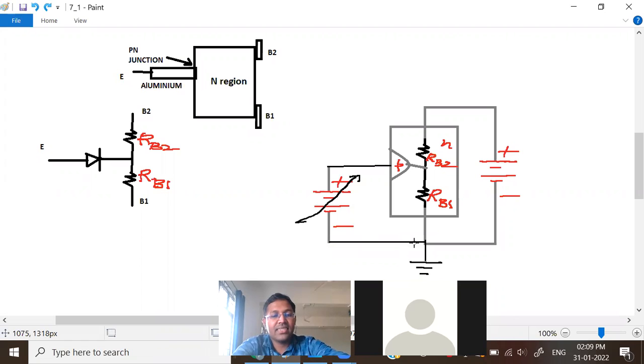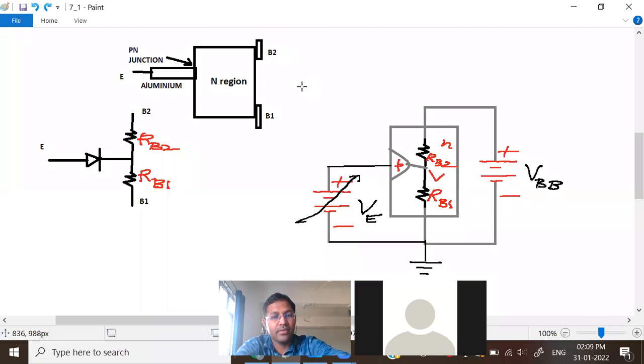Next, let us name the supplies. This is VE because it is connected to the emitter terminal. The other supply will be VBB because it is connected between the two base terminals.